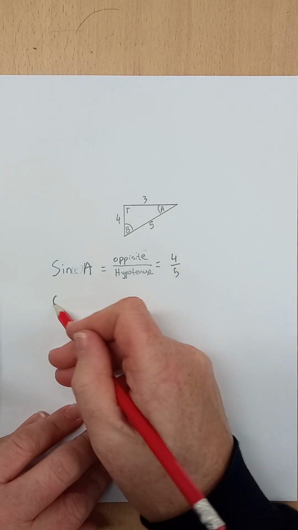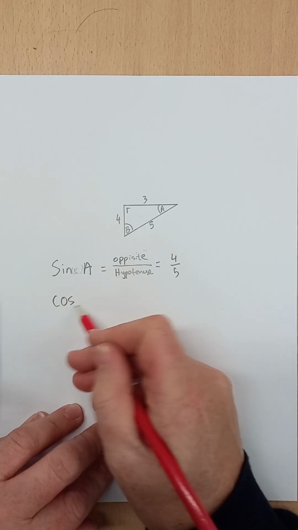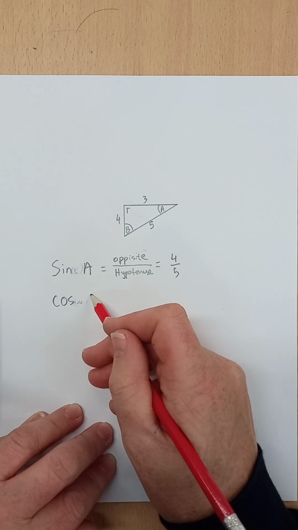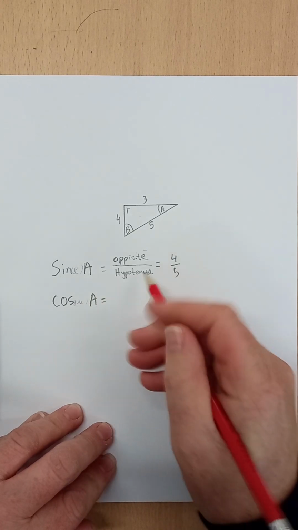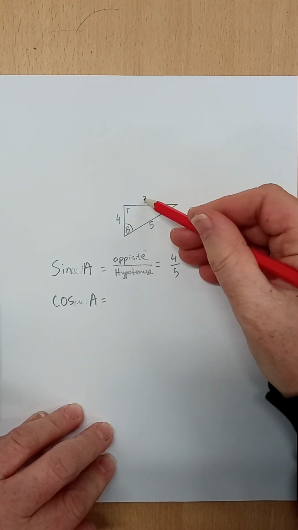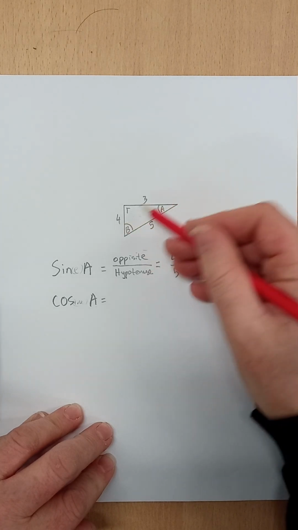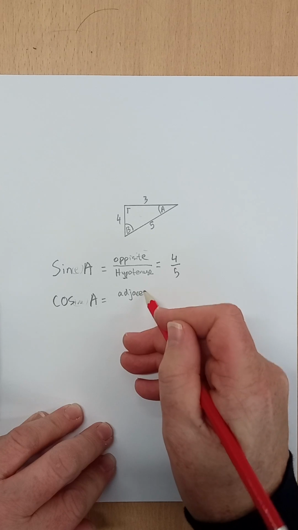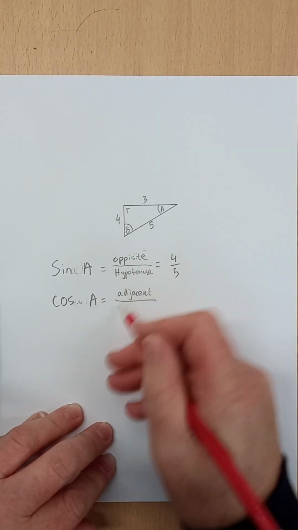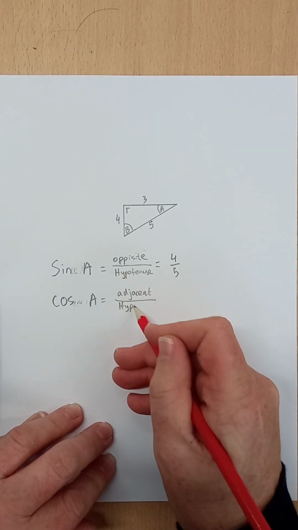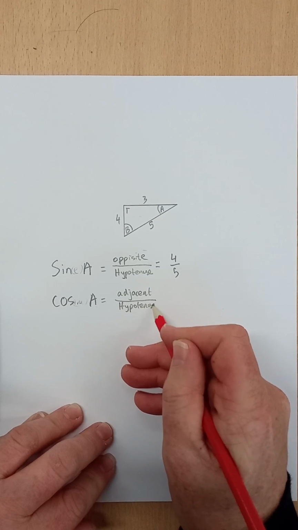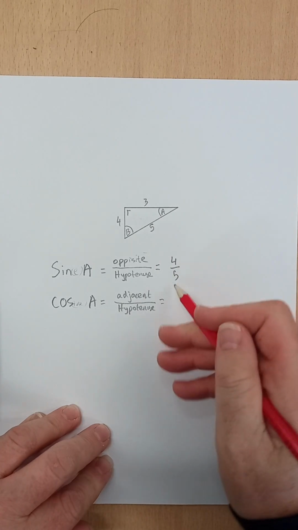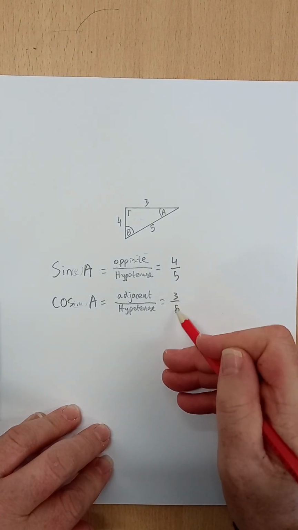Similarly, the cosine, shortened to cos, but there's an I-N-E there. Okay, the cosine of the angle at A is the side that's adjacent to A. So if 4 is opposite, 3 must be adjacent. Adjacent over, again, the hypotenuse, which is always going to be the longest side, opposite the right angle. In this case, it's going to be 3 over 5.